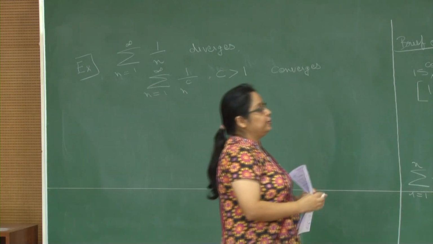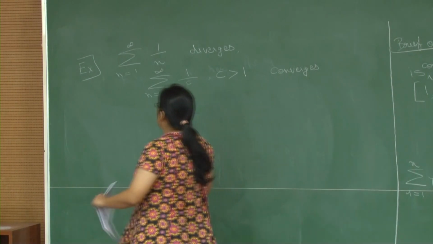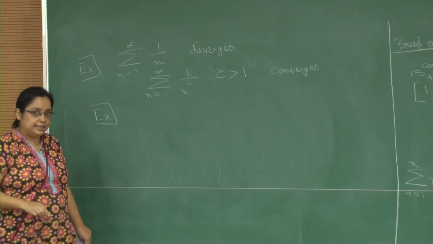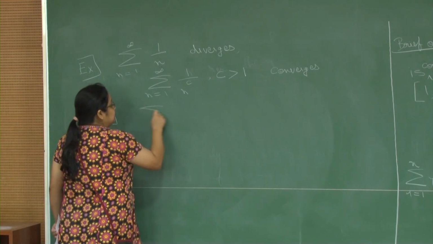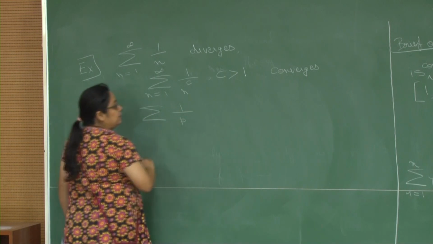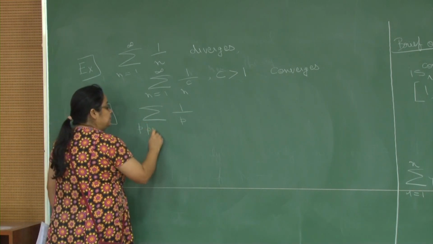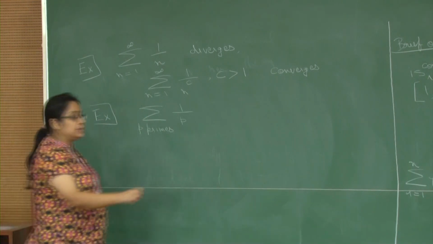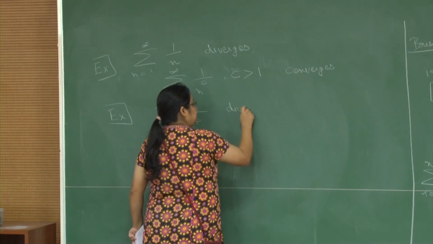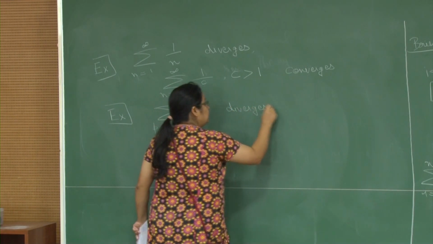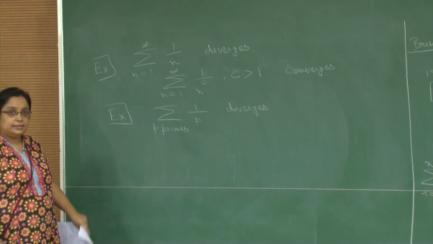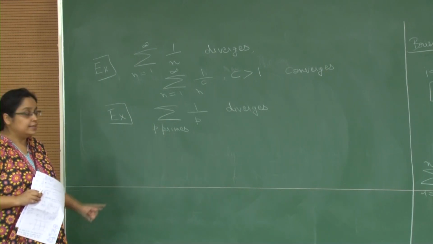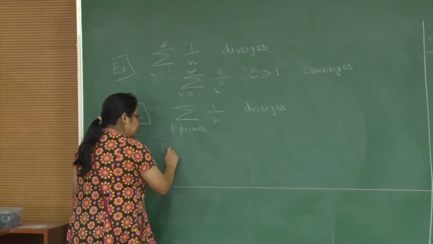One other amazing consequence of the integral test, which will be expanded in the exercise and we will also discuss it in our live session, is that the summation of 1 over p, where you run over all the primes, diverges, this sum does not converge. And therefore, this is another way of deriving a fundamental fact that there are infinitely many primes.